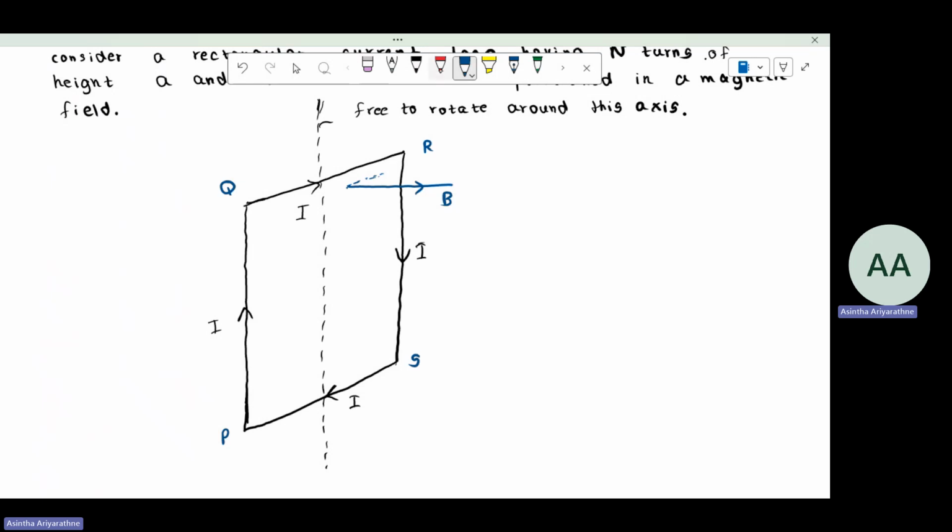Then using Fleming's left-hand rule, we can find the forces.